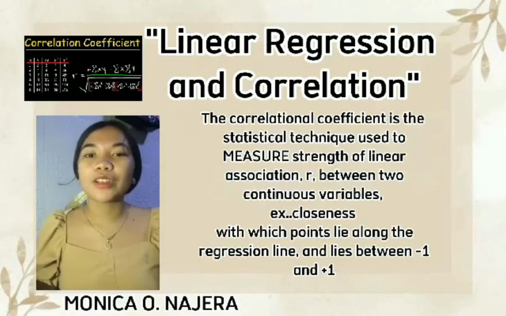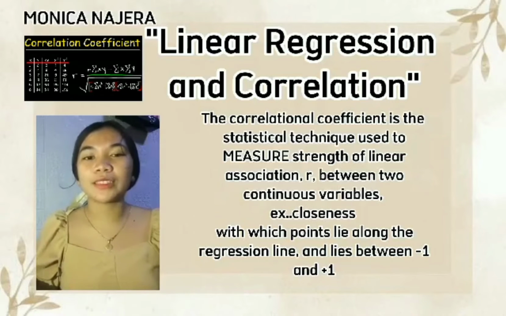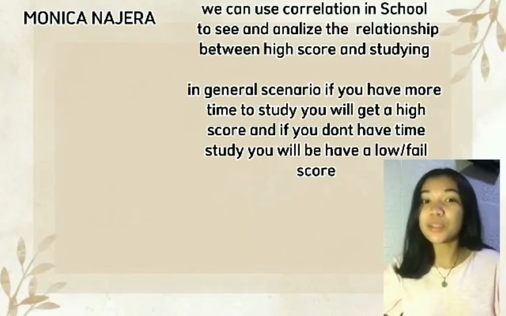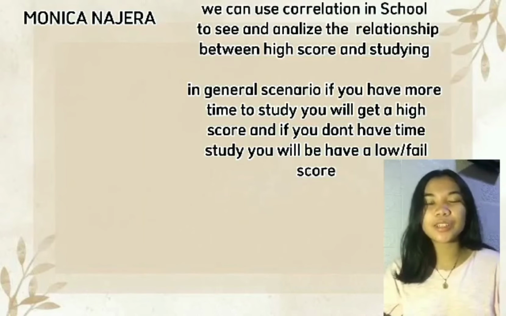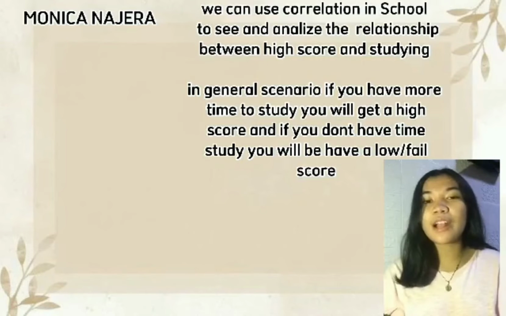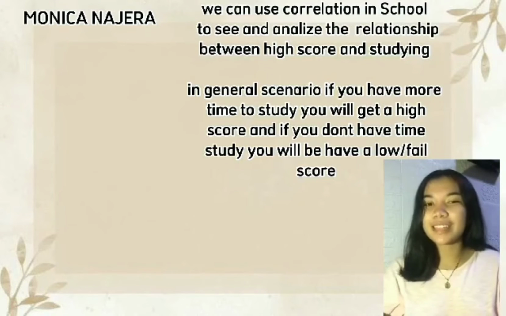For example, the closeness with which points lie along the regression line, and it lies between -1 and +1. For example, in school, we can use correlation to see and analyze the relationship between having a high score and study.